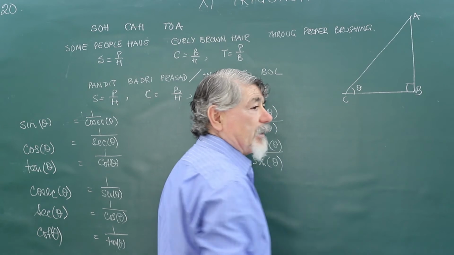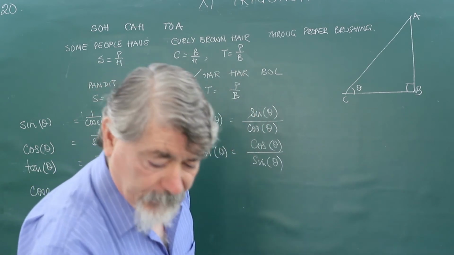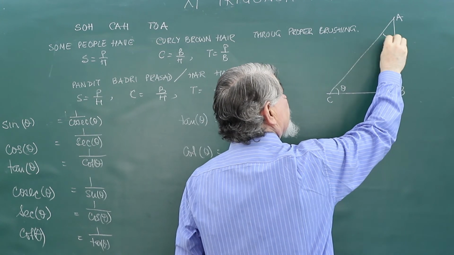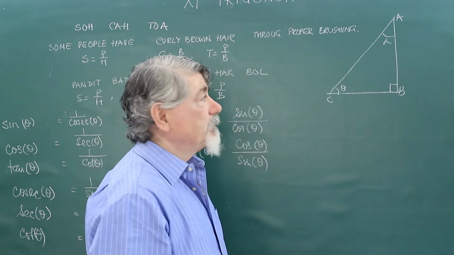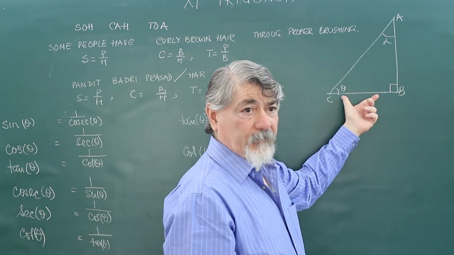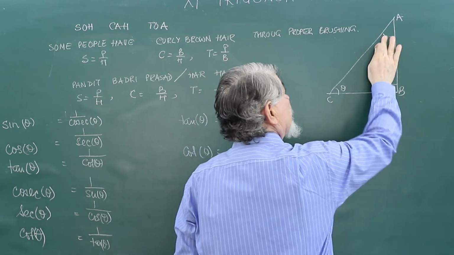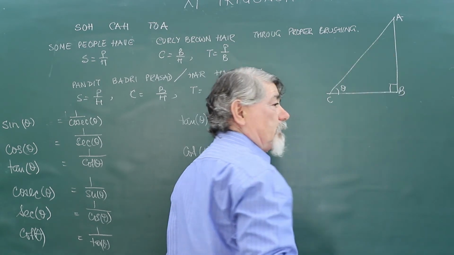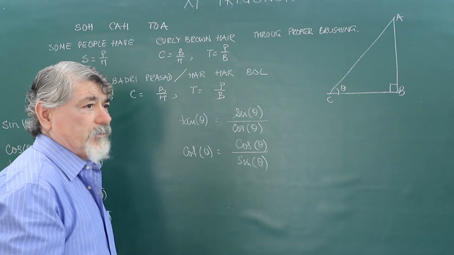Base and perpendicular are interchangeable. Because instead of theta, if I take this angle as the reference angle, then this will become the base and this will become the perpendicular. There are methods people have for remembering the values.